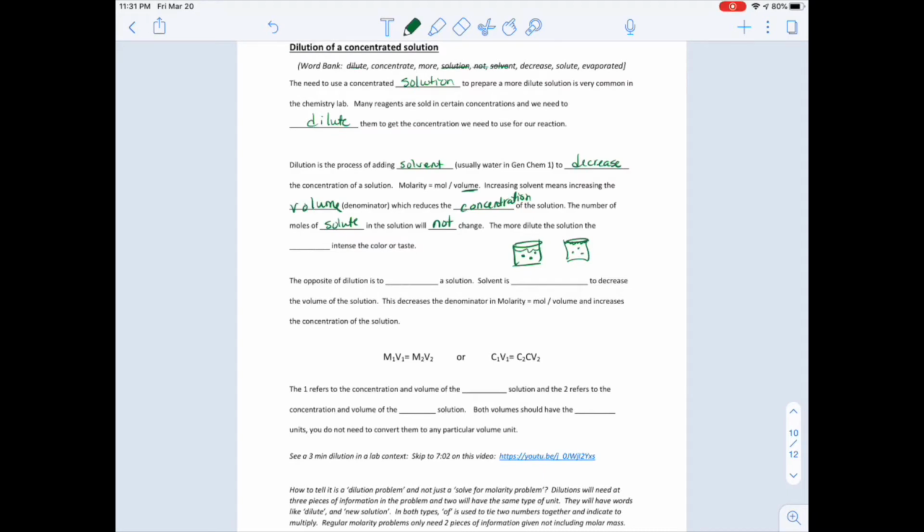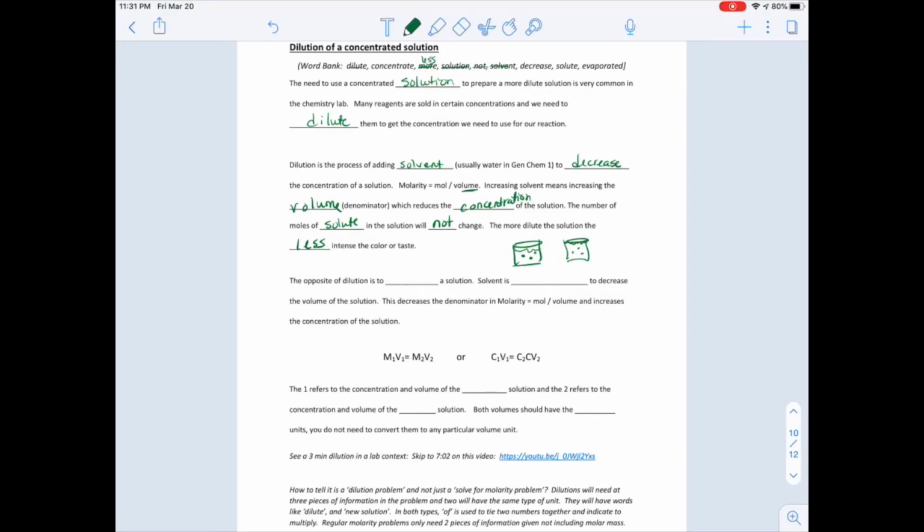And the more dilute the solution, think about it, you're making Kool-Aid and you add tons and tons of water, what happens to the color and the taste? It's less. The color and the taste are less intense. I'll fix all the words for y'all. Hopefully all you have are the right words up there.